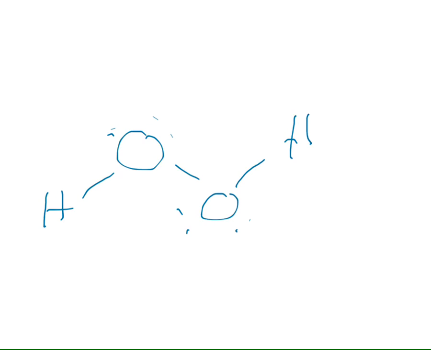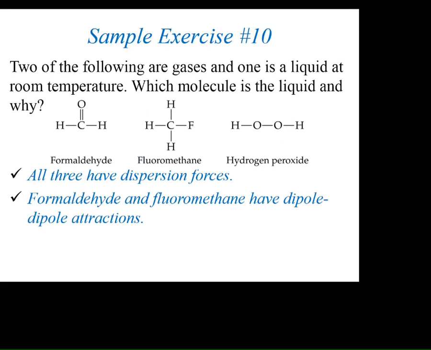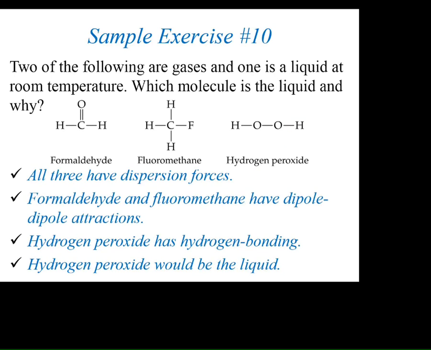Each of these is tetrahedral, and this is tetrahedral. Let's not show them in this structure. Yeah, that's a good question, because you can't really tell that, because in the picture it doesn't look symmetrical. Good question. So hydrogen bonding is the strongest force, therefore it's going to be the liquid one.